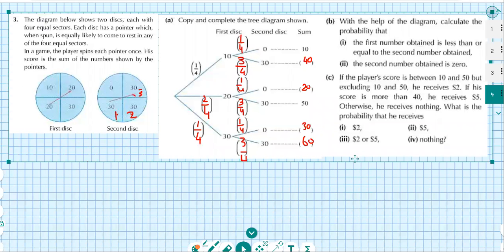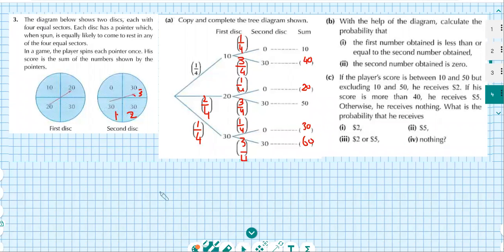For part 3, $2 or $5. It means their probabilities will be added. Probability of $2 plus probability of $5.